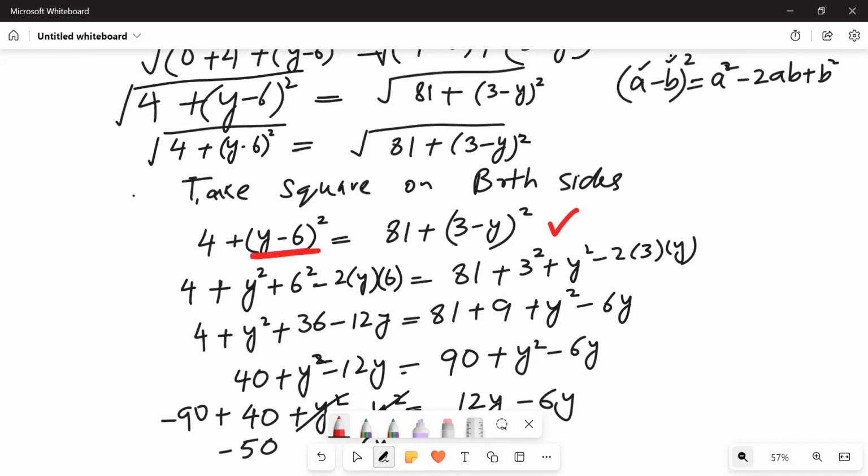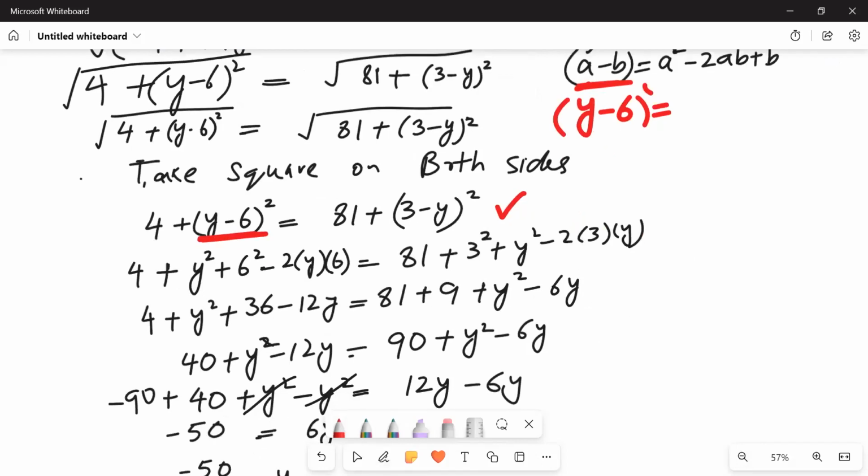This is the formula we did. Suppose this is the formula A minus B, right? This is A minus B. So consider A is y and B is 6. We are applying this identity here.